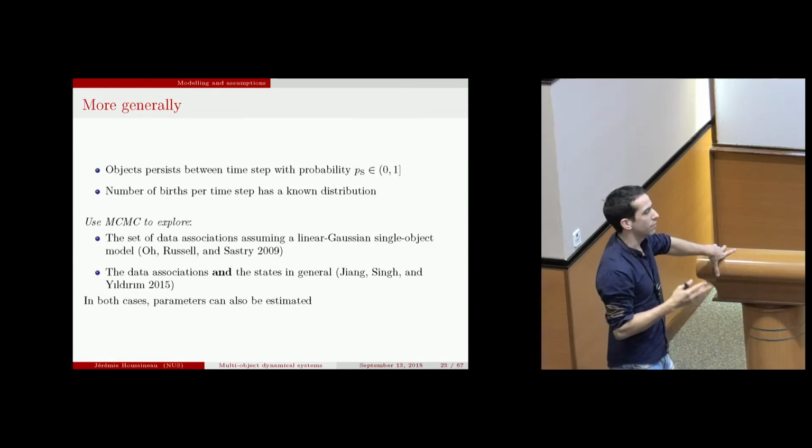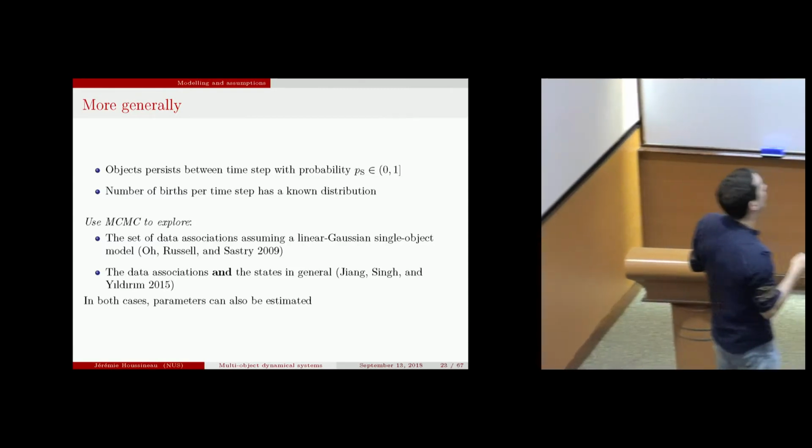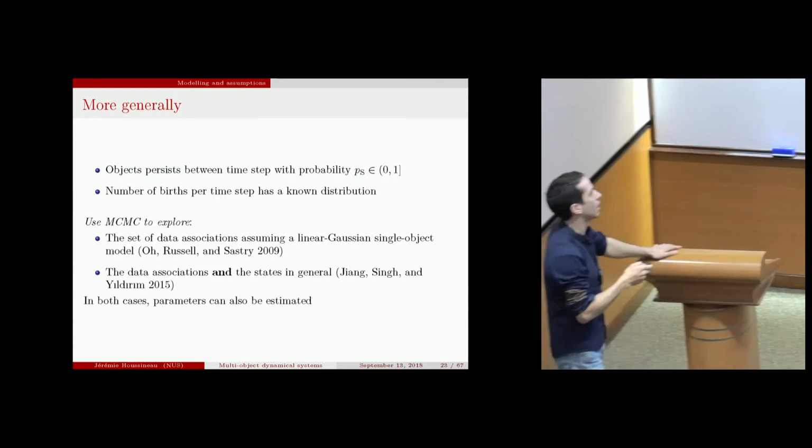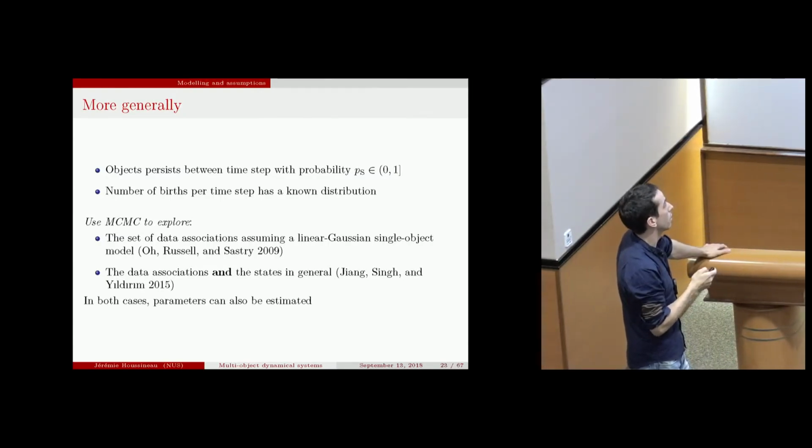So you have to use your knowledge of how things behave to design moves. These techniques can be very efficient, or they might not work at all if the moves are not appropriate. Because again, the space is huge, so you could really get stuck somewhere.